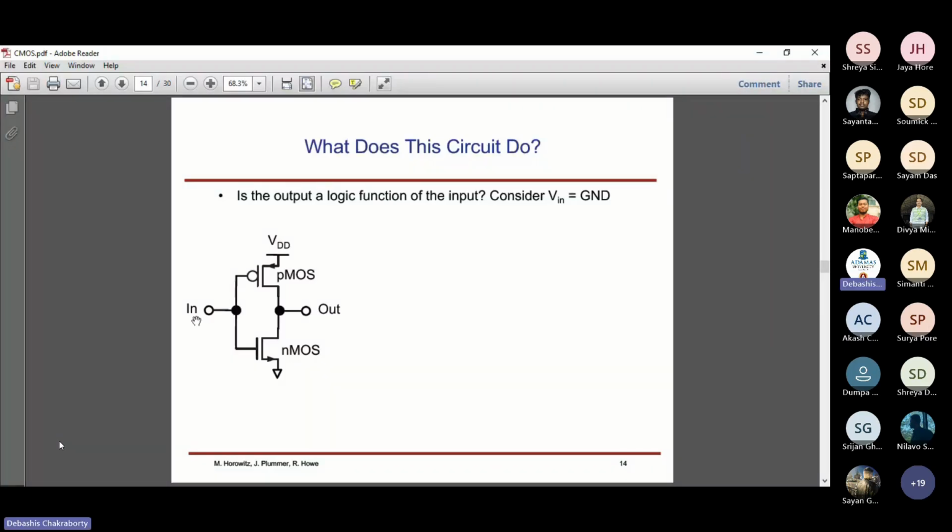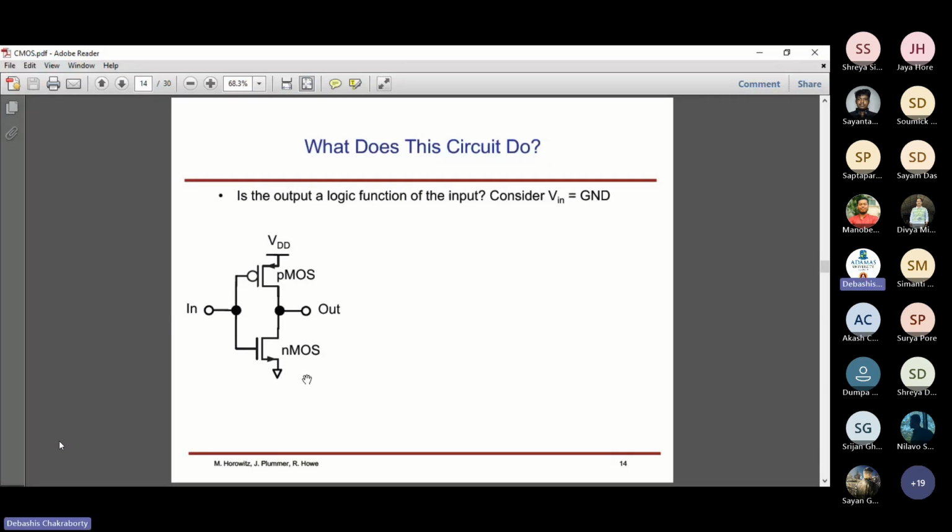Whatever signal is applied here goes to the gate of the PMOS and also to the gate of the NMOS at the same time. This whole structure is known as the complementary MOS, in short, the CMOS.